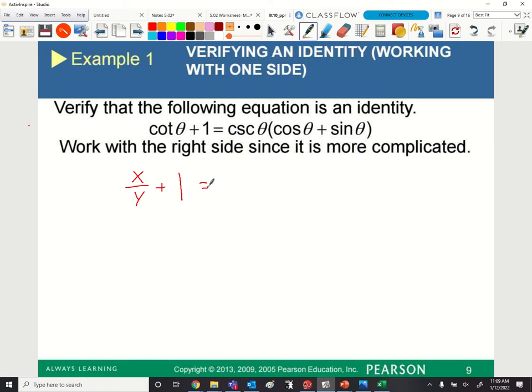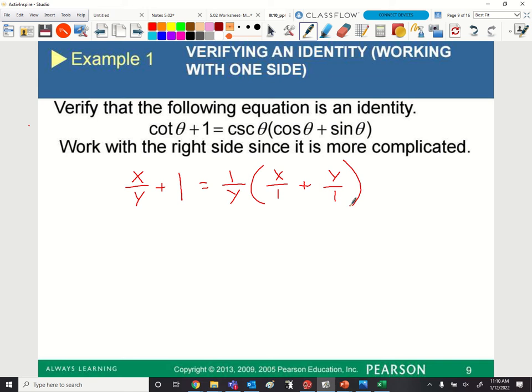So it's 1 over y, parentheses. Now cosine, what is cosine going to be? X over 1. I'm going to put it as over 1 right now, because I'm going to be multiplying by a fraction. Sometimes I do, sometimes I don't. So this one's going to be x over 1 plus sine. What is sine going to be? Y over 1. Very good.